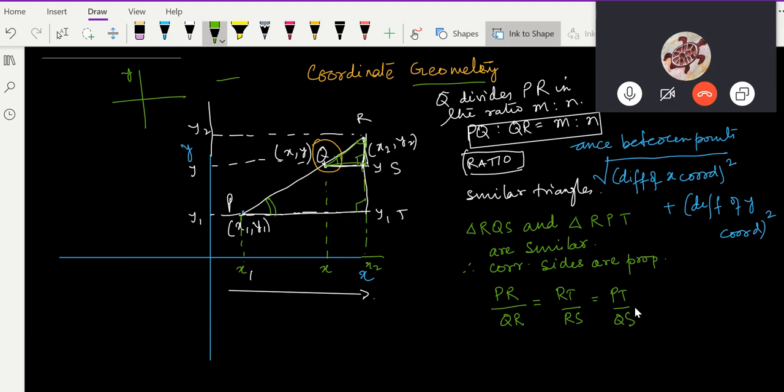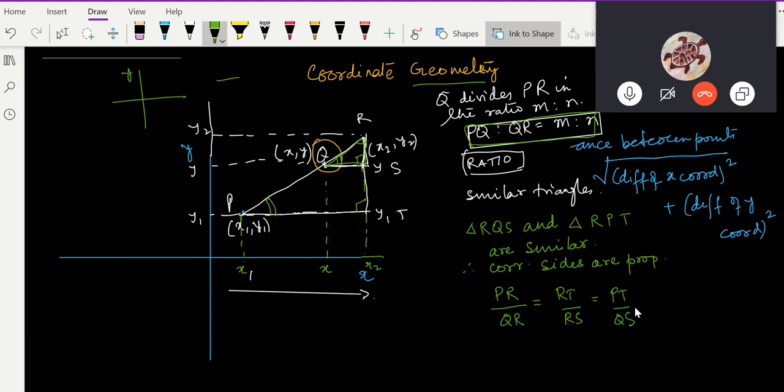So this is what we have. Now, how do I use this to arrive at the coordinates of Q? We are given PQ is to QR is M is to N. This is given, right?